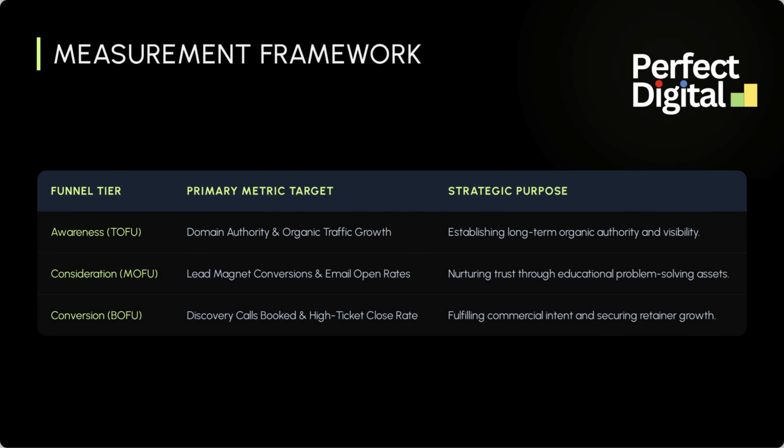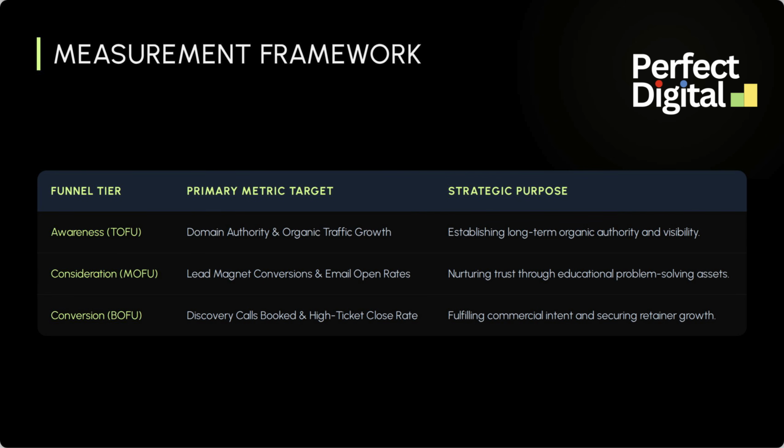We have funnel tier, primary metric target, and strategic purpose. Awareness: the primary metric target is domain authority and organic traffic growth. The strategic purpose is to establish long-term organic authority and visibility.